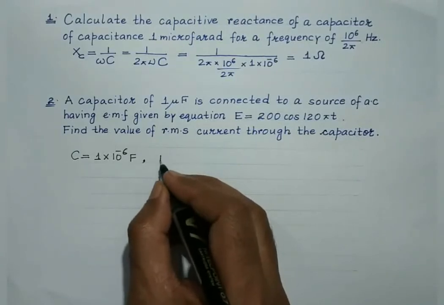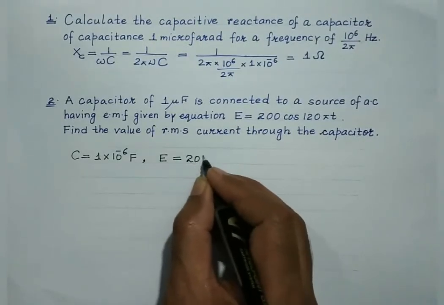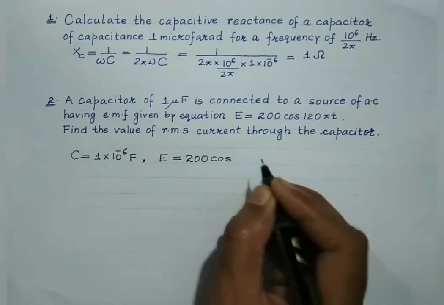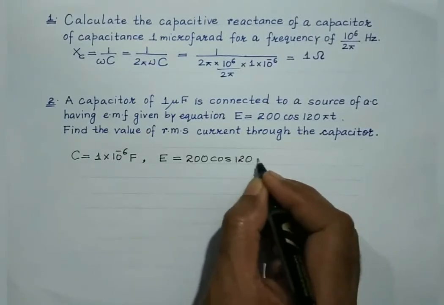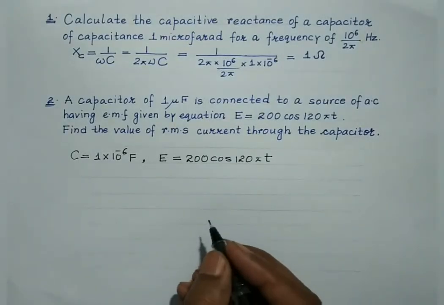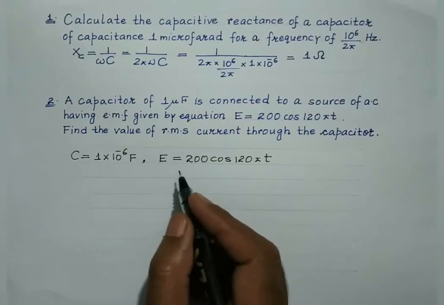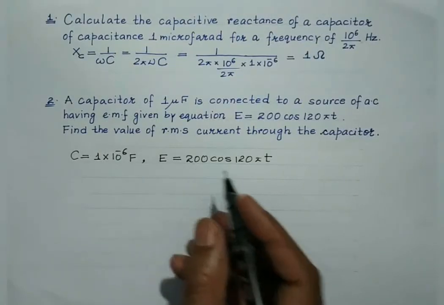And the equation for the instantaneous alternating EMF is given to be E equals 200 cos 120 pi t. Now we are already aware of the standard equation, isn't it? The instantaneous alternating EMF may be represented either by sine function or by cosine function.